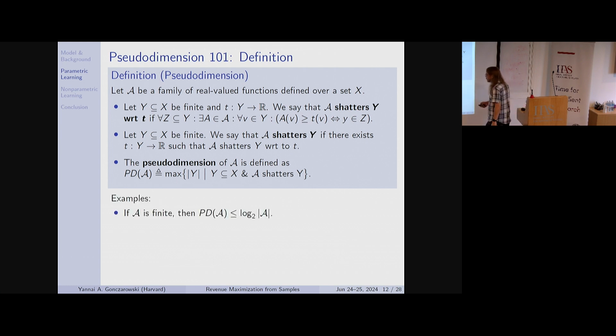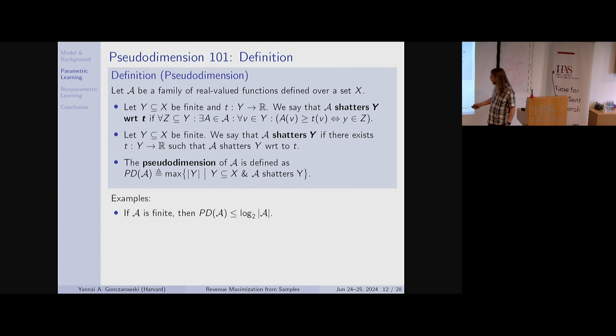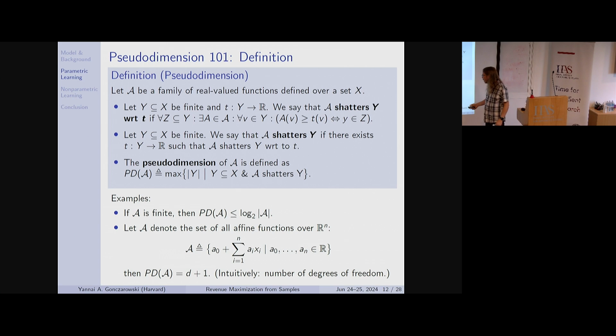Some examples: if A is finite, it turns out it's not a hard proof, but I'm not going to do it, the pseudo dimension of A is less than the log base 2 of the size of A. But this is for arbitrary A. Many times we can get much better guarantees.